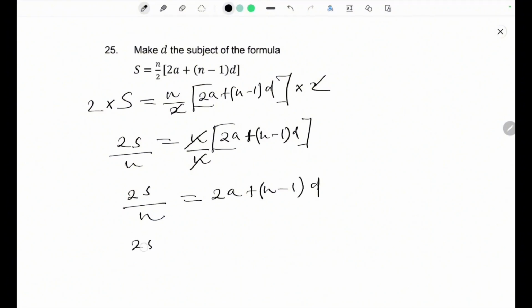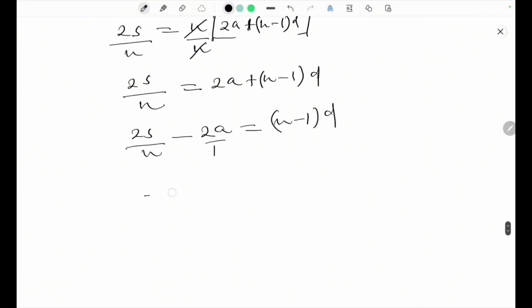So 2s over n minus 2a should be equal to n minus 1 d. So if I have got 1 there, then I can get the LCM n. So we'll have 2s, 1 goes into n times, minus 2a n equals n minus 1 d.